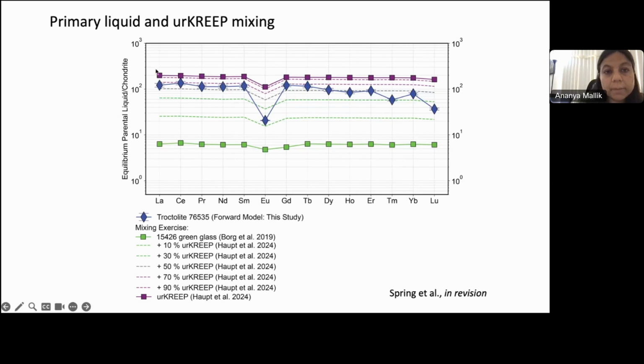So this earth creep composition here is actually from this recent study by Haupt et al. And what he finds is that we need 50% of the model earth creep to be assimilated with this green glass in order to explain this parental liquid that Isaiah obtained.